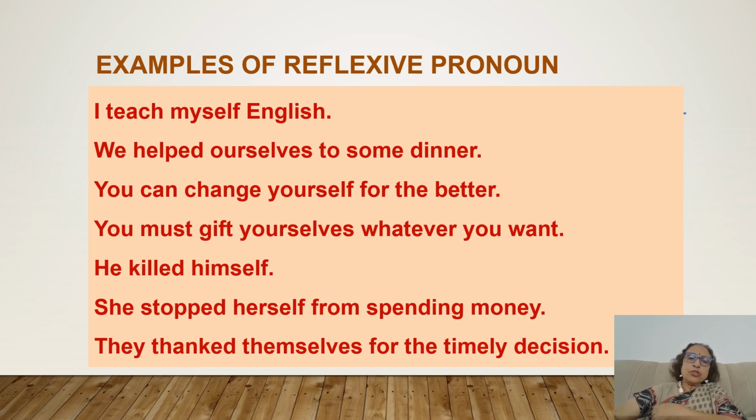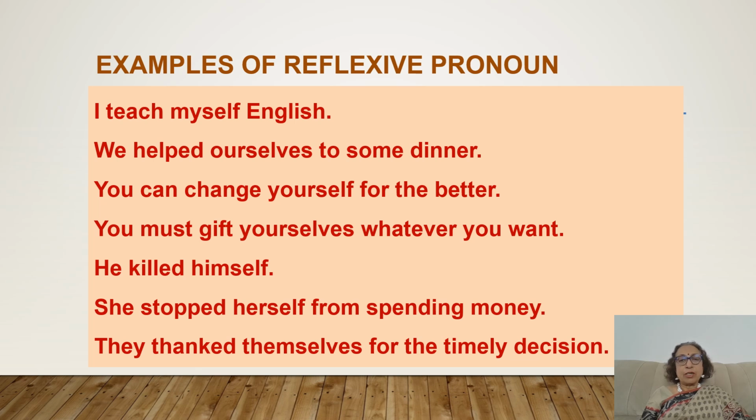You can change yourself for the better. Now, you is the subject. Can change is the verb. Yourself is the same pronoun as you. So you cannot say you change you for better. You and you are both subject and object. But here it is you change yourself. That is the reflexive use. You must gift yourself.